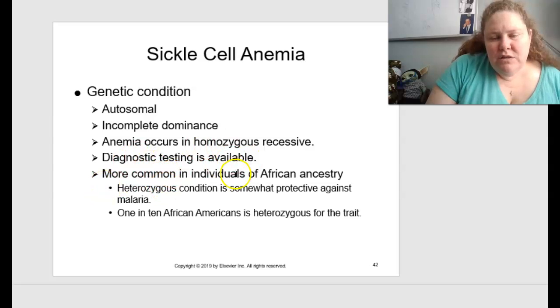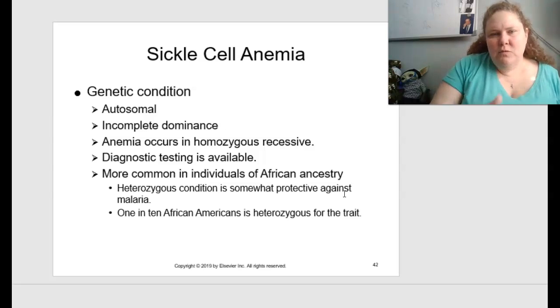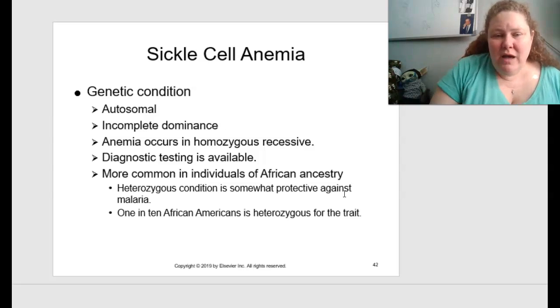More common in individuals of African ancestry, and this heterozygous condition is somewhat protective against malaria. So you trade one sword for the other, right? So you can be predisposed for anemia, but you might have a lower chance of getting malaria. 1 in 10 African Americans is heterozygous for that trait.